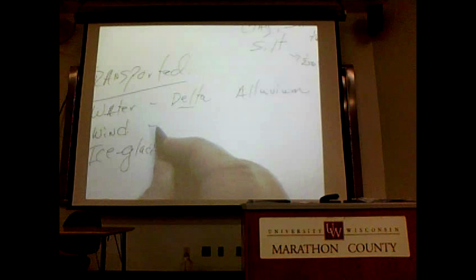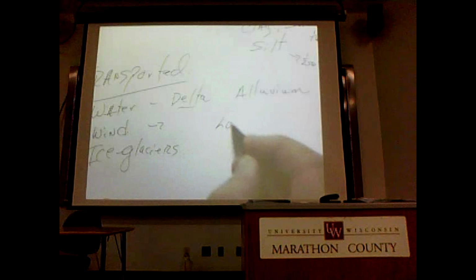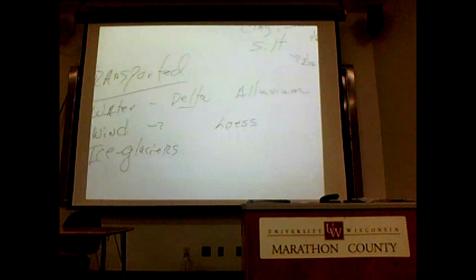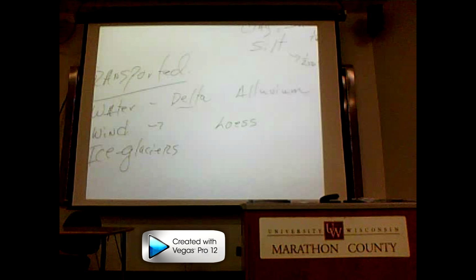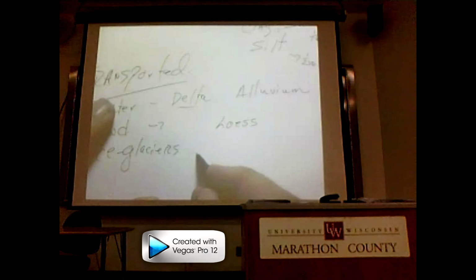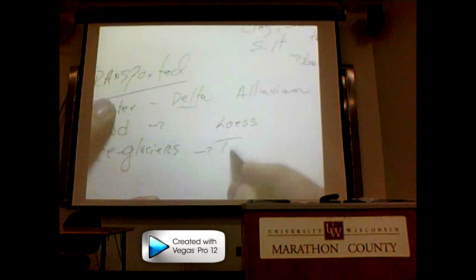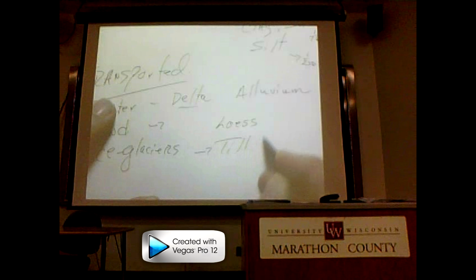Wind material is referred to as loess, L-O-E-S-S. And again, another excellent agricultural material if we have water added to it. And finally, glacial material is either till or drift.